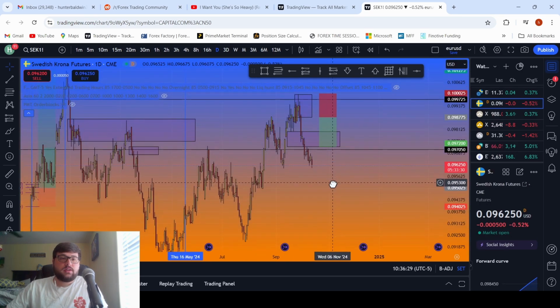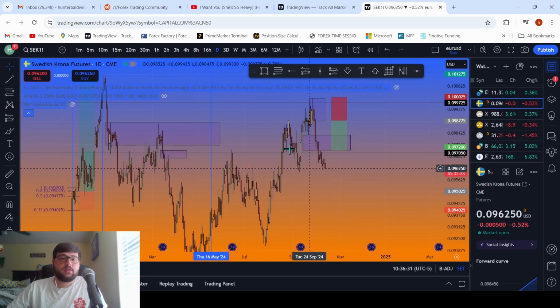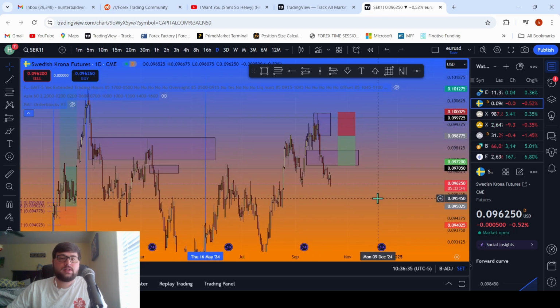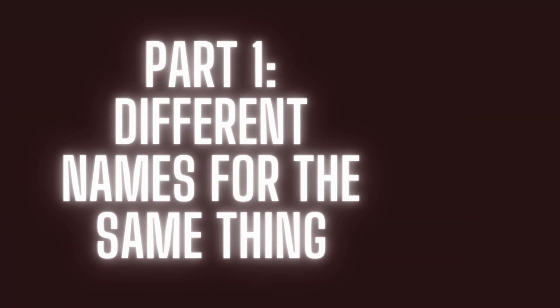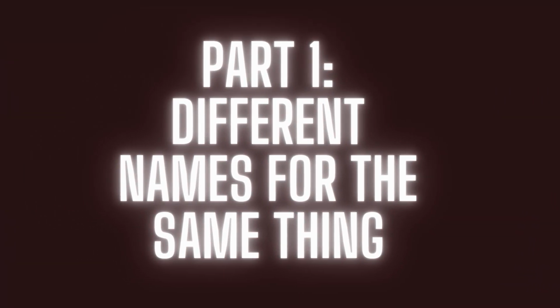We can look at pretty much any pair that we want and use examples, but before I get into that, I just want to briefly address how there's a few different names for supply and demand, how people use different names.